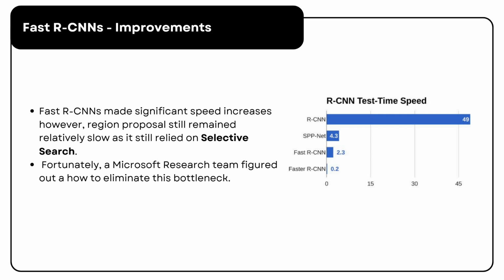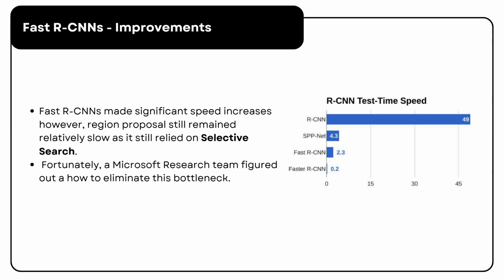Even though we reduced the test time from 49 seconds in RCNN to around 2.3 seconds in Fast RCNN, a large portion of that time was still being spent generating region proposals using selective search. This method is not learnable, not optimized, and still relatively slow.